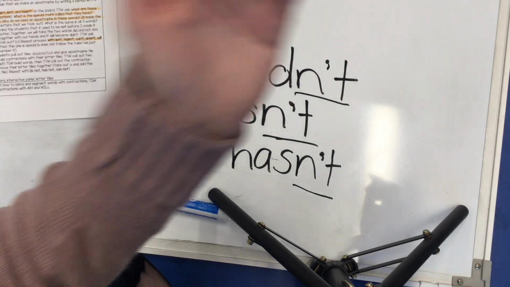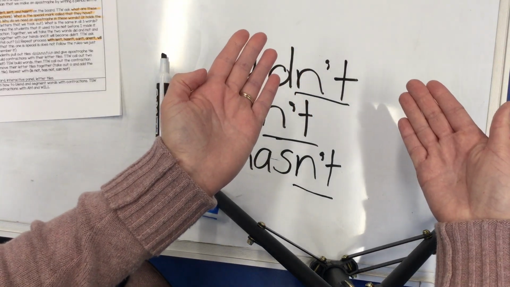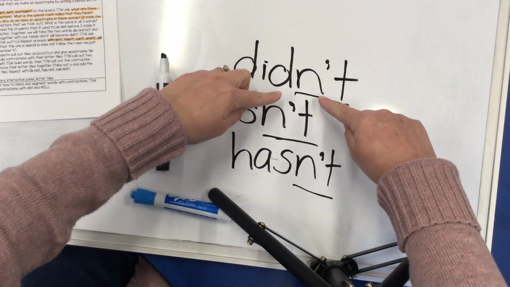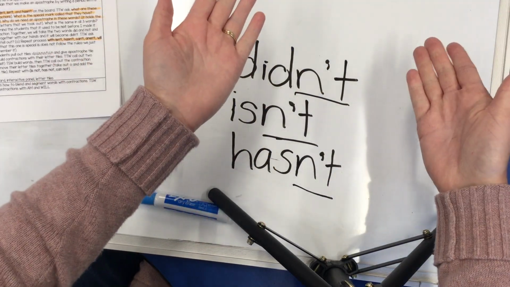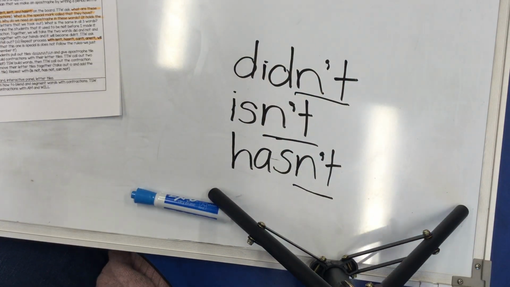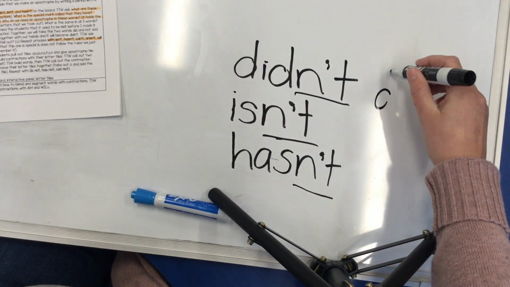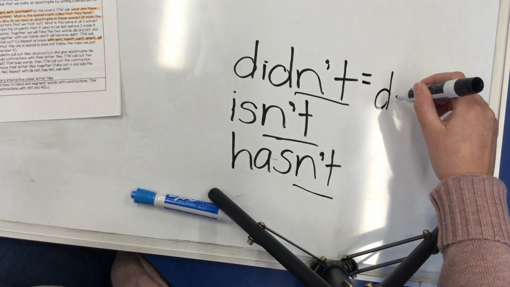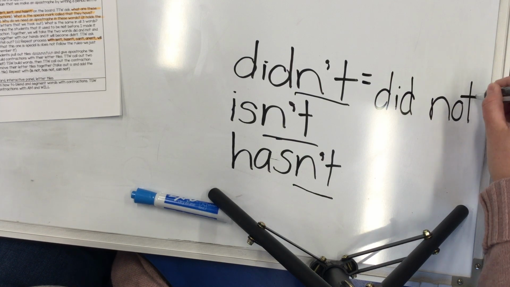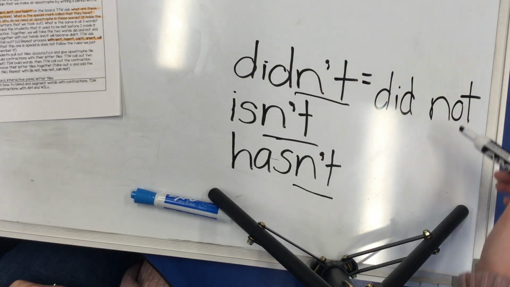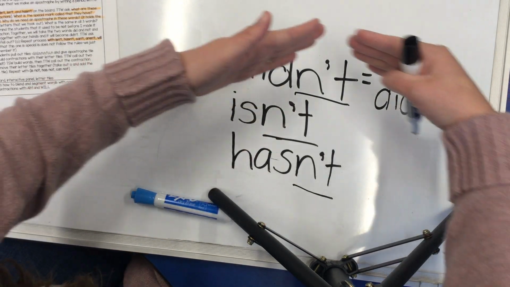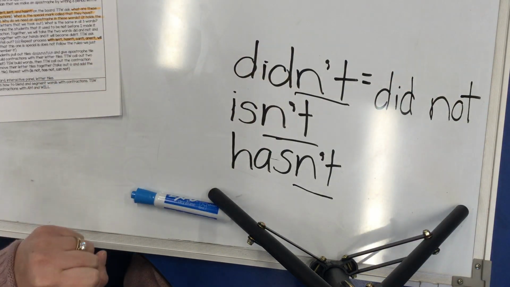So let's say did not, push them together, and they make the word didn't. Did not, together, didn't. The O fell out. So let me write out did, and I'm going to put this equal sign because it means the same. So didn't is the same as did not, but the O fell out, and we don't have two separate words. We made them one word.